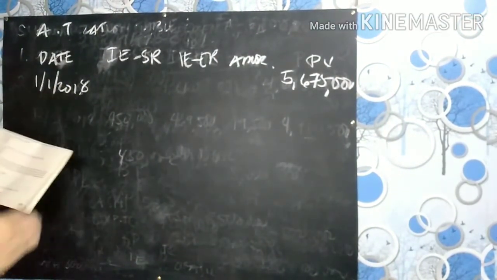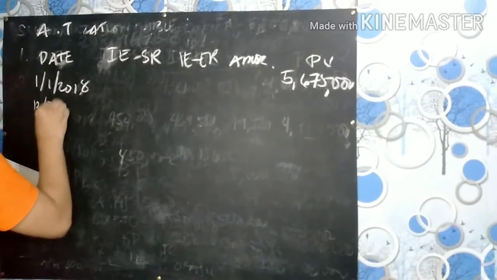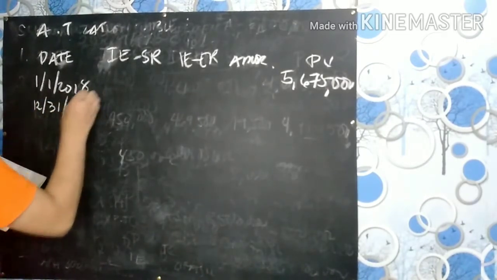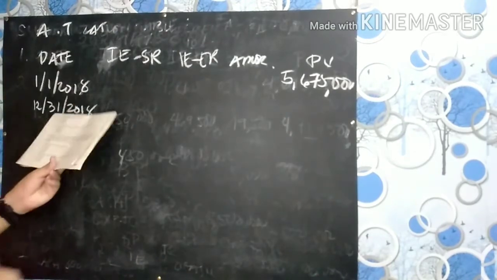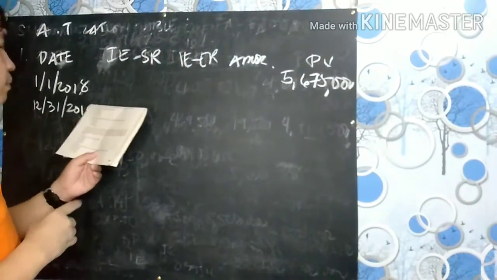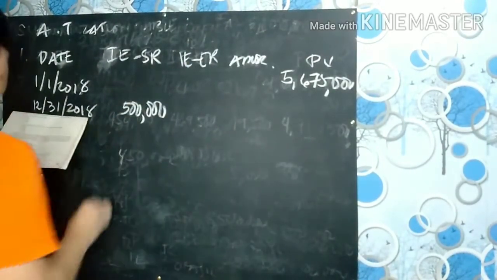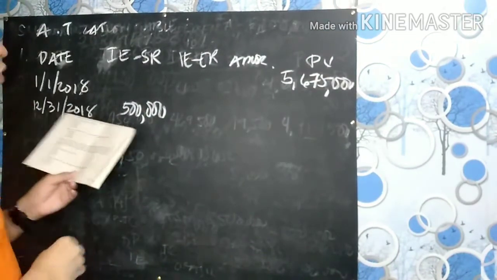So, ang tanong is 2019. Kaya po, nire-require po kayong mag-ganito pag may problem na ganoon, kasi 2019 na yung tanong. Magkano? 5 million multiplied by 10%. Of course, 500,000. Tama? Magkano yung interest expense?